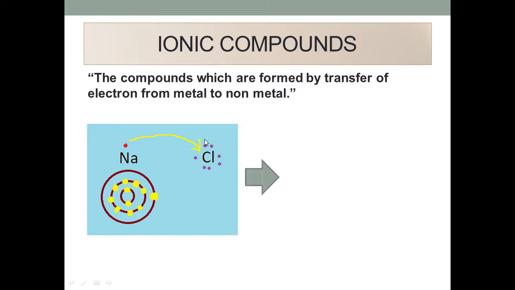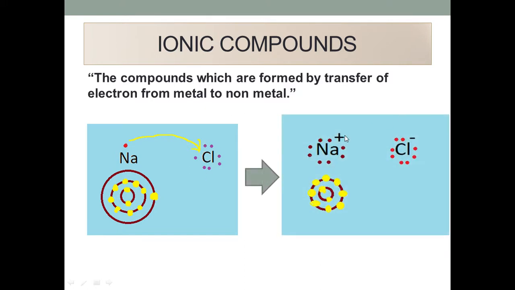So it gains this electron from the metal, sodium, and completes its octet. You can see here, sodium loses its one electron, and this electron is transferred to chlorine.